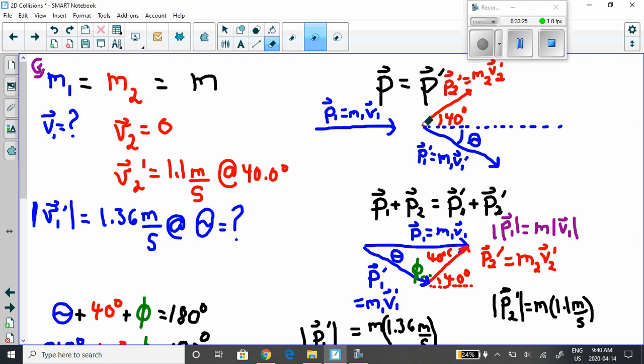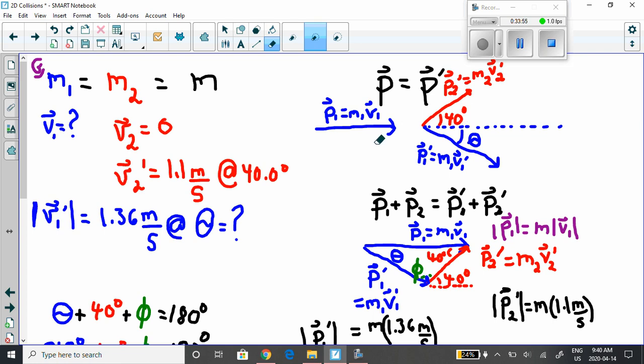Here it is. I'm drawing the red arrow. It's at 40 degrees to that original direction. And this represents the momentum of the red marble, marble 2, after the collision, which is M2 V2 prime. And here is a graphical representation of what is happening to the blue marble, marble 1, after the collision. It's going downward at an angle theta. We don't know what it is. There you have it.